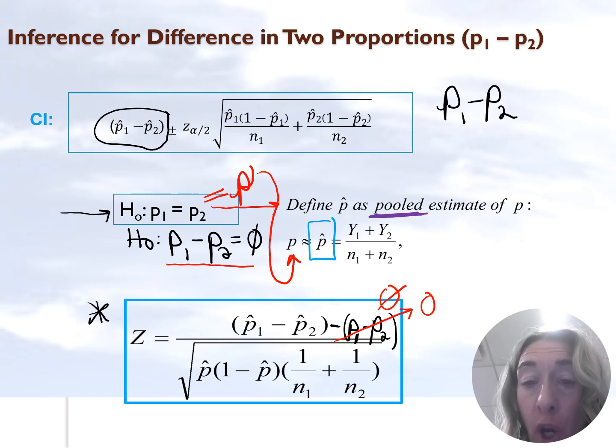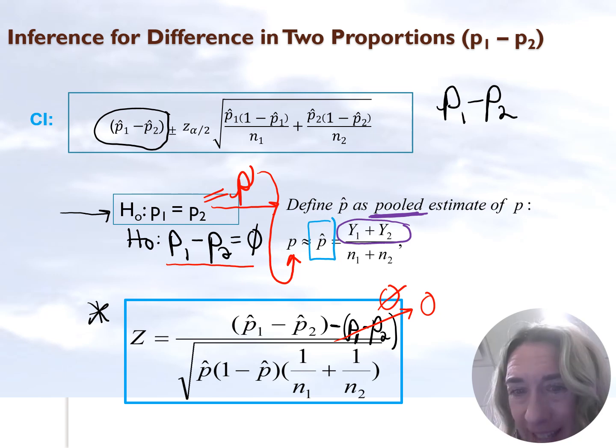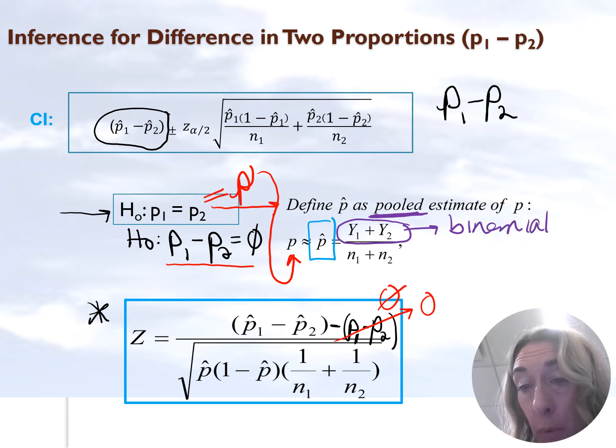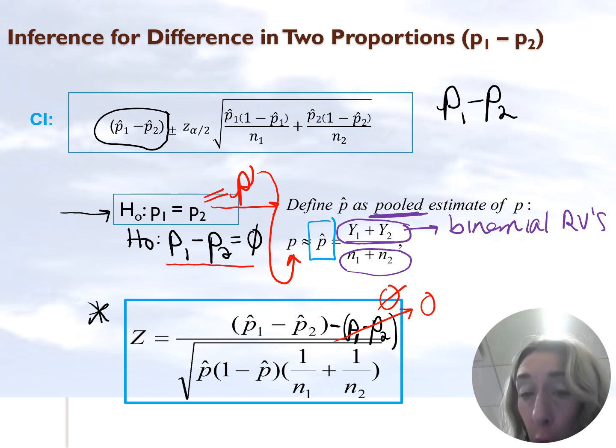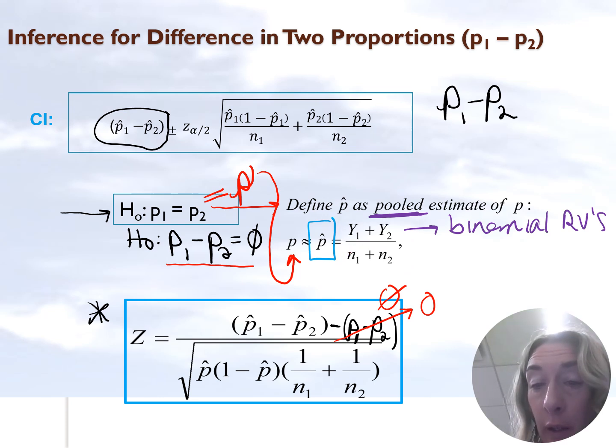In the numerator, we are going to pool the counts, or the number of successes. These two are, of course, binomial random variables. Y1 is the number of successes in the first sample. Y2, number of successes in the second sample. And then in the denominator, we're simply going to pool, or bring together, the number of trials in each case.